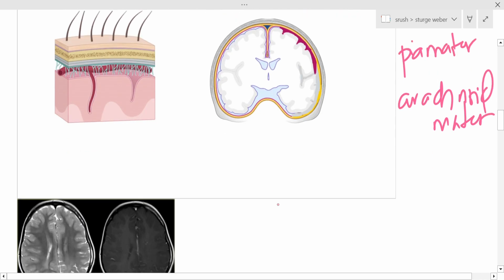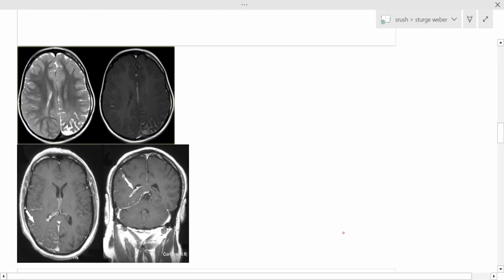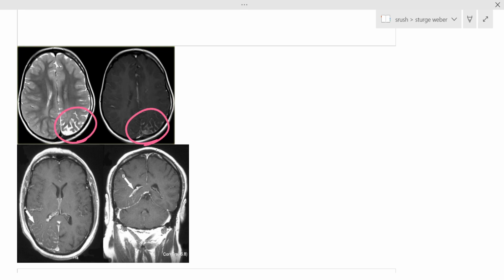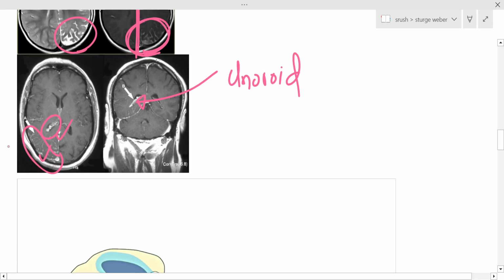Now, when you see such a thing on, I'm assuming, a CT or an MRI of the brain, you can see on imaging that there's going to be leptomeningeal enhancement, and occasionally it is also going to be associated with choroid plexus enlargement. It's lateral to the lesion. So let's say you see this: there's enhancement here and there's choroid plexus enlargement right next to it.